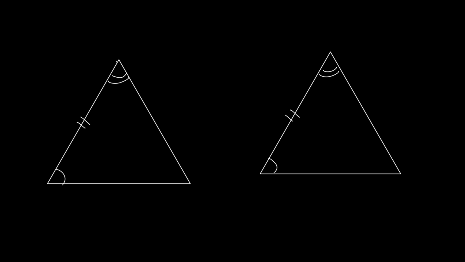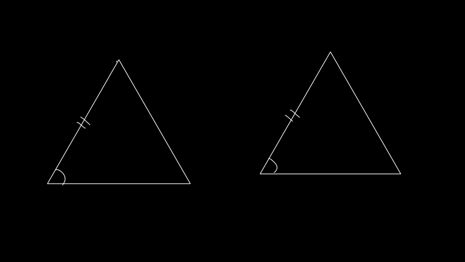Now, what if I did this? Oh, well, now we have no triangle. What if I did this? Do we still know that they're congruent? Think of what you could change that won't affect the one arc mark angle and the two tick marks.